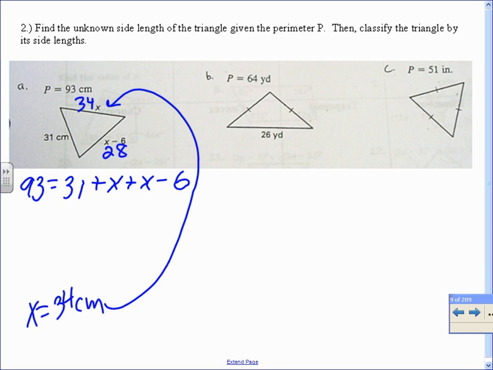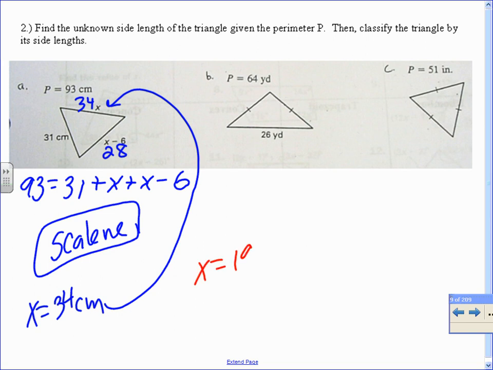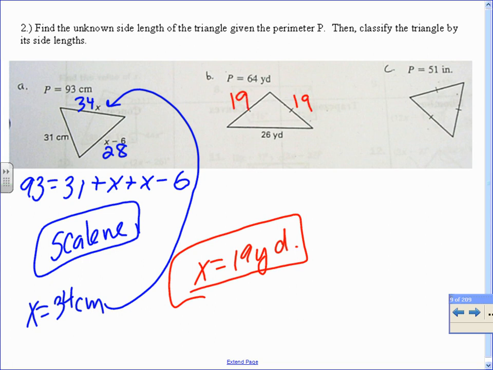What kind of triangle is that based on the sides, Mary? Good. Scalene. Everyone okay with that? Okay, Sean, what'd you get for letter B? Good. X equals 19 yards. Sean, what kind of triangle is it? No, you can't.